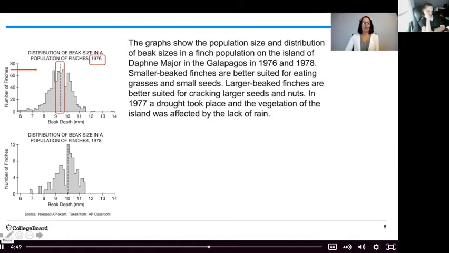This is a little bit of a confusing graph. As I go out on those parameters, I see how many finches there were with the different beak sizes. So the optimal beak size for that population, given the environmental conditions in 1976, looks like it was about 9.5 millimeters. In 1978, after the drought that changed the vegetation.